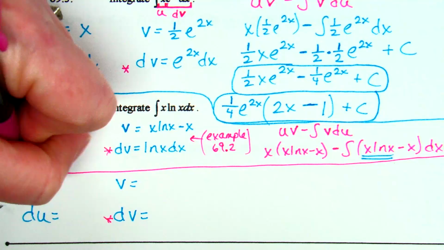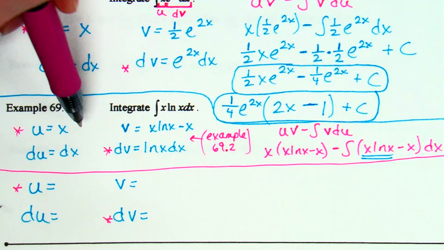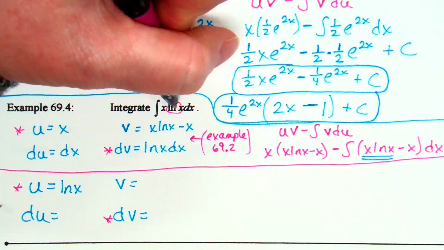So, if u is not x and dv is not ln x dx, what are we doing? Flip-flopping. So that means u is going to be ln x. dv is going to have to be, what are my pieces then? Okay, if u is going over here to ln x, then we've got x dx left.